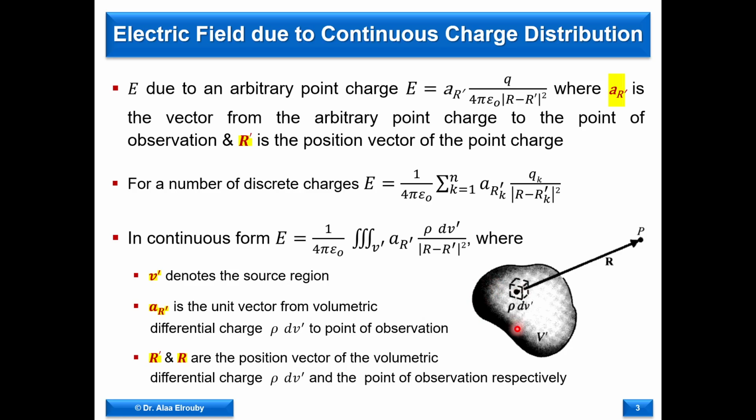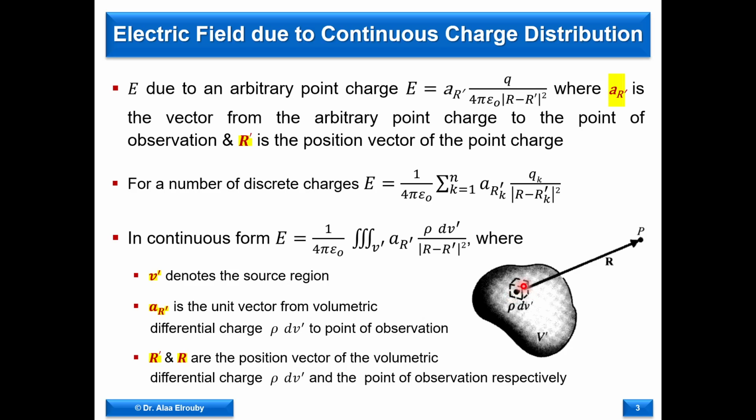So there is a variation of electric charge distributed within this volume. How would we handle this general case? This general case is handled by dividing this volume into very tiny pieces, or differential volumetric elements, and dealing with every single volumetric element as a point charge.